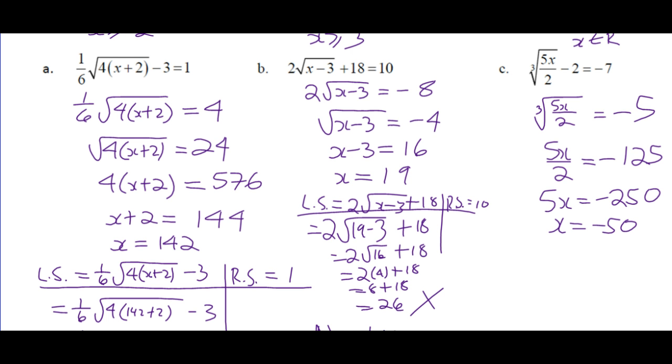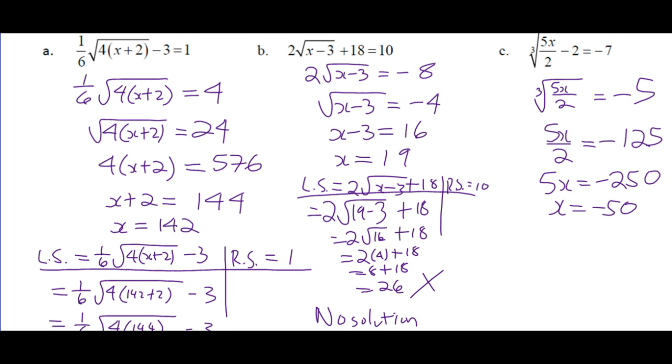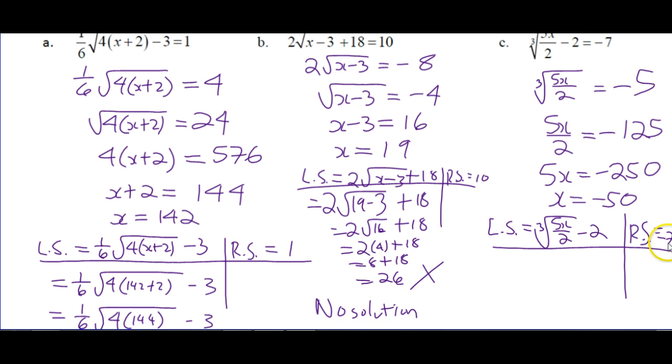And then we're going to verify this. Left side. So the cube root of 5 times -50 over 2 minus 2.